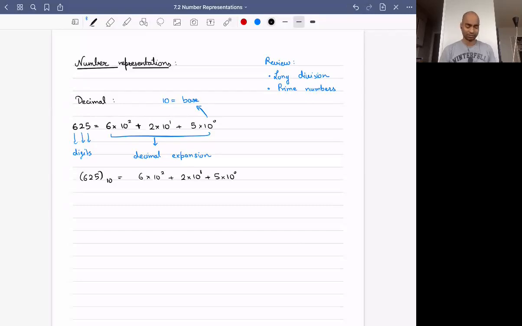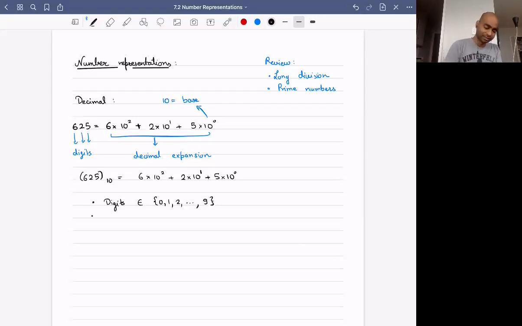So that's what we mean when we write digits: the rightmost digit is multiplied by 10 to the 0, then the next digit is multiplied by 10 to the 1, and the next digit by 10 to the 2, and so on. Successive digits get multiplied by higher powers of the base. So the properties of decimal expansion are that you have digits which are either 0, 1, 2, 3, all the way up to 9.